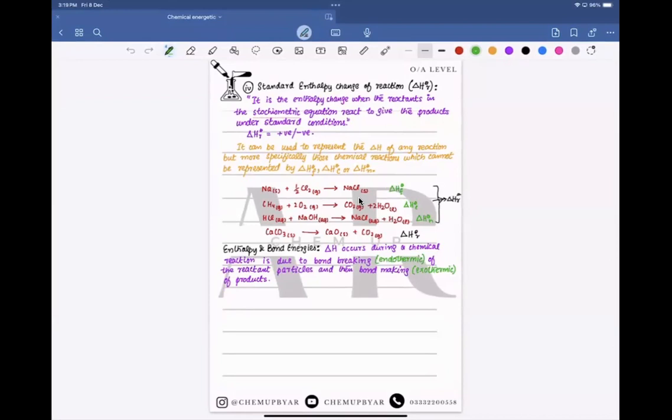The bonds will form to form products, and as those bonds are formed, the energy is released. So if the amount of energy released is greater than the amount of energy which is absorbed, the reaction becomes exothermic. Or if it's opposite to it, then the reaction becomes endothermic, right?